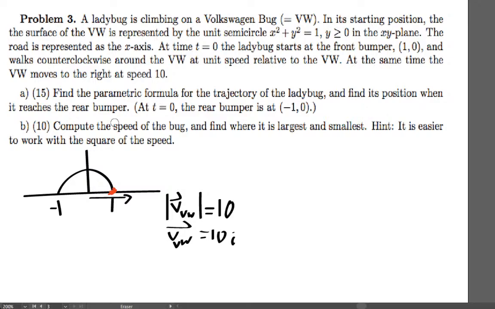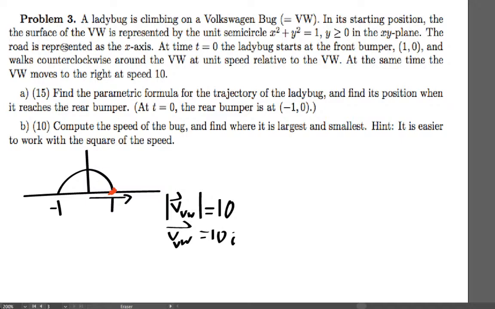Well, you know that for a circle it's 2 pi r, but in this case the radius is 1, so it's 2 pi. That's the circumference of a circle. But when you're talking about how long it takes to reach the rear bumper, that means it would be at pi. By the way, the speed is 1 meter per second.